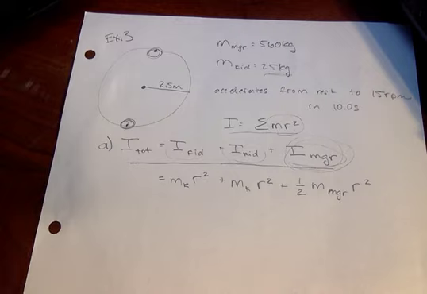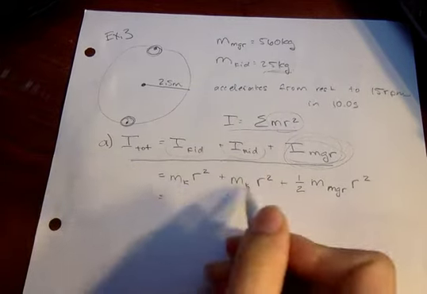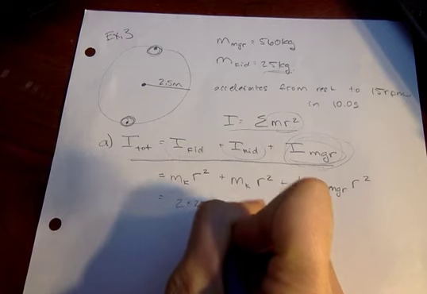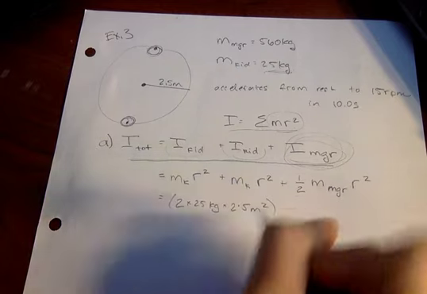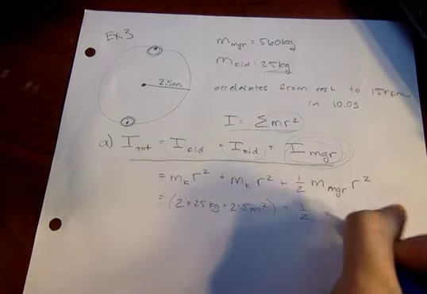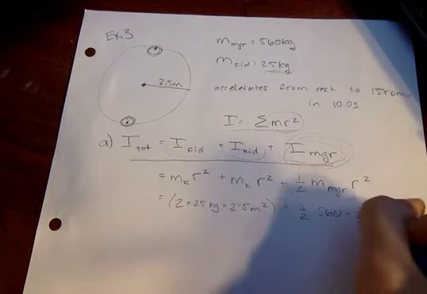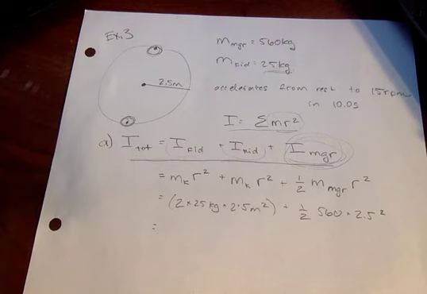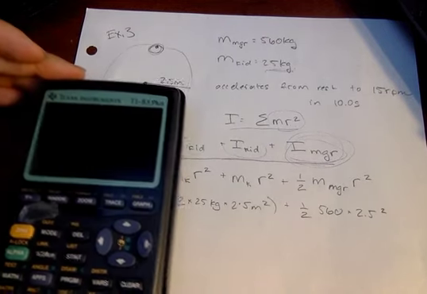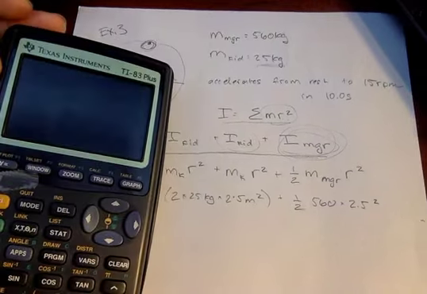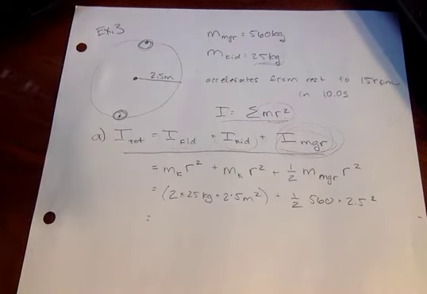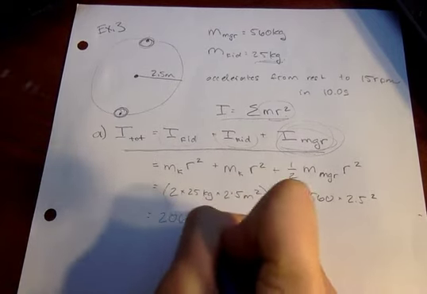And we're ready to plug in numbers. I'm going to say that this is 2 times 25 kilograms times 2.5 meters squared, so that I don't have to write that twice, plus 1/2 times 560 times 2.5 squared. I haven't done this one yet, but I have 2062.5 right here.